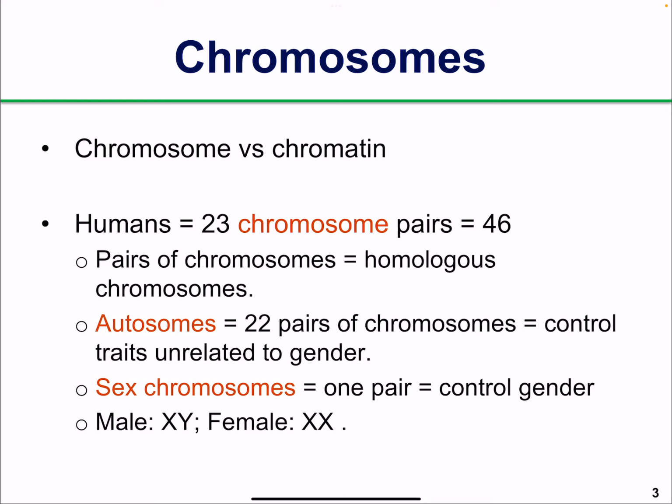Well, chromosomes are basically DNA and proteins condensed together to form a visible structure when we look at it under a microscope, right? Now, obviously, we cannot observe chromosomes distinctly under a microscope at any stage of the cell cycle. That is not going to happen, right?